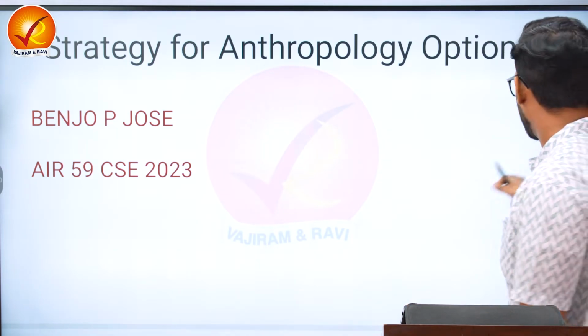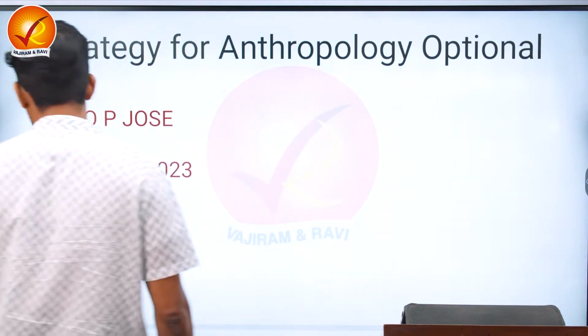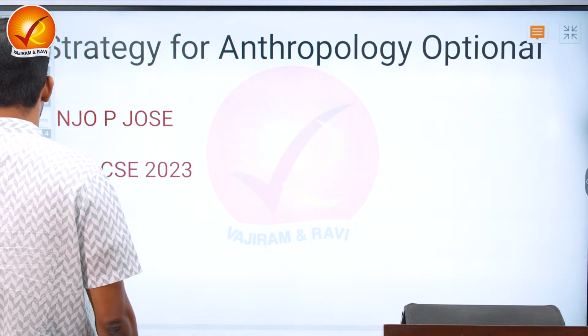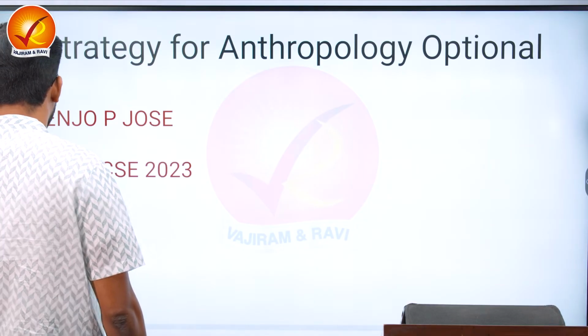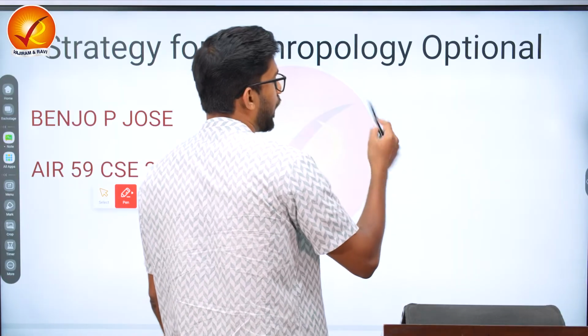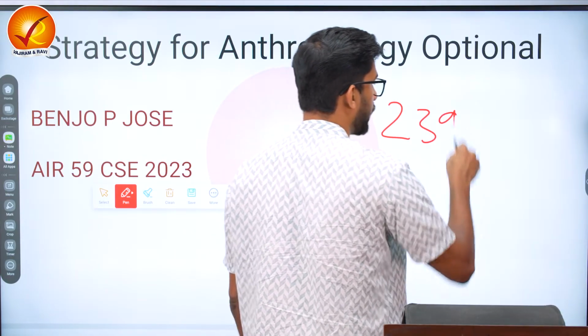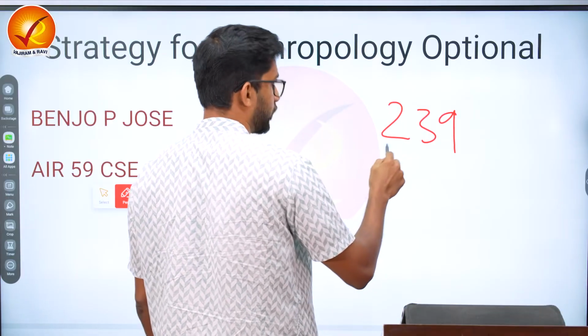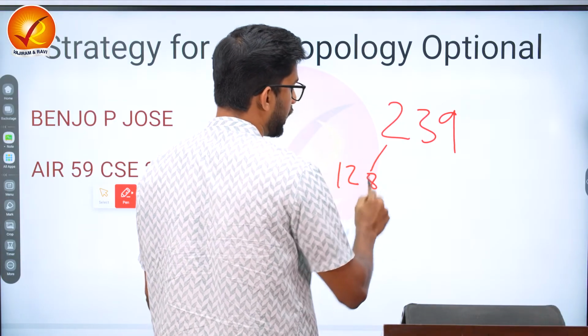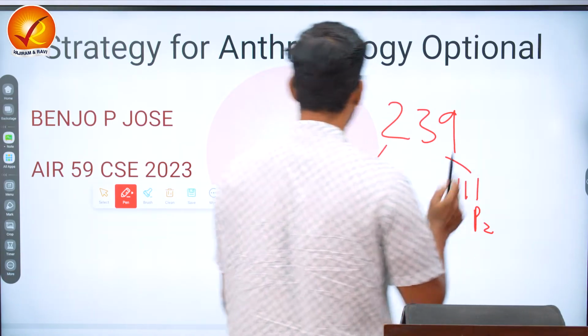Like I said, this was my fourth attempt, and in my first two attempts I could not clear my prelims, but in my third attempt I cleared the prelims, and I scored 239 in Anthropology. I think 128 in paper 1 and 111 in paper 2.